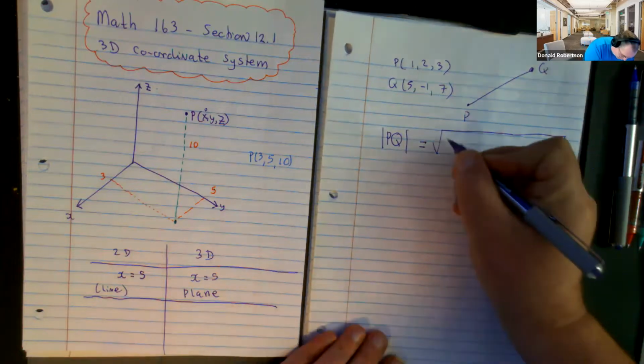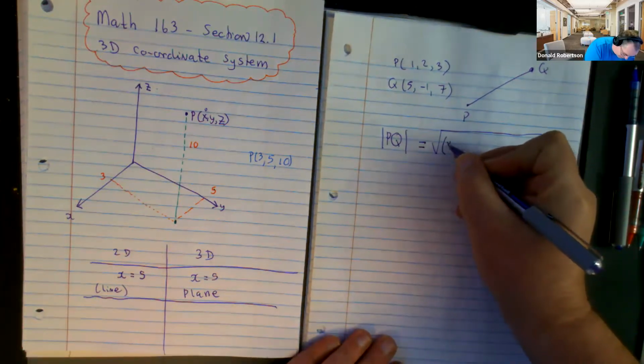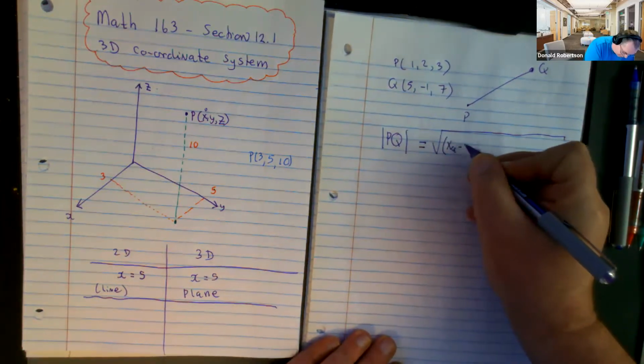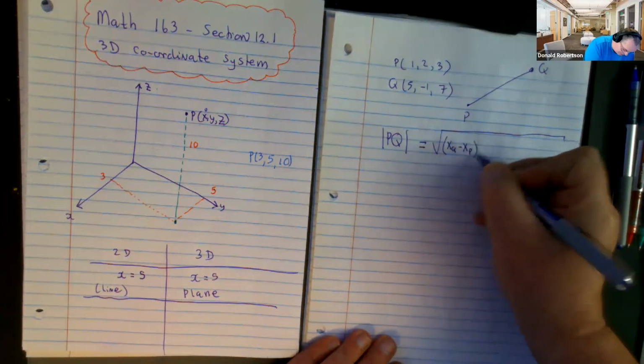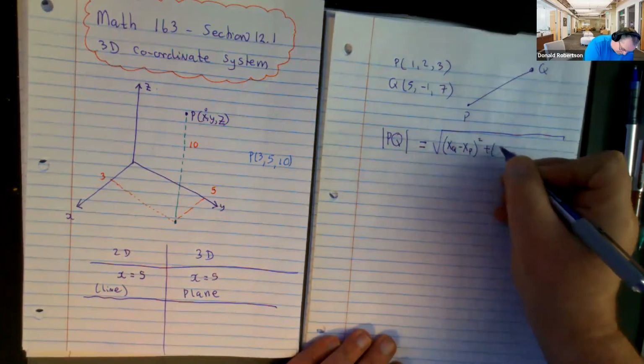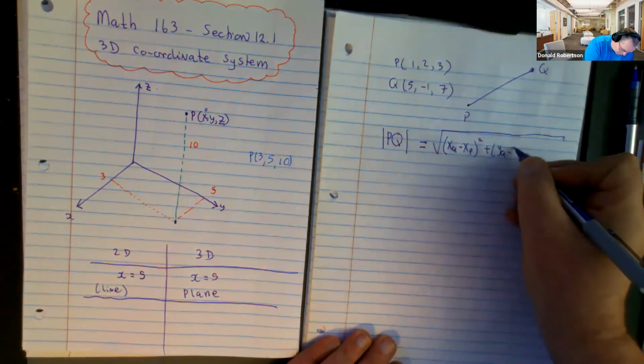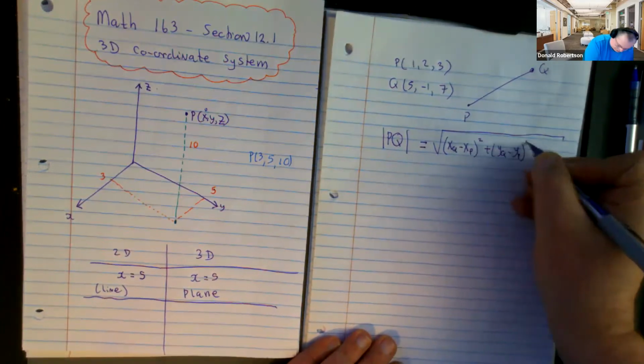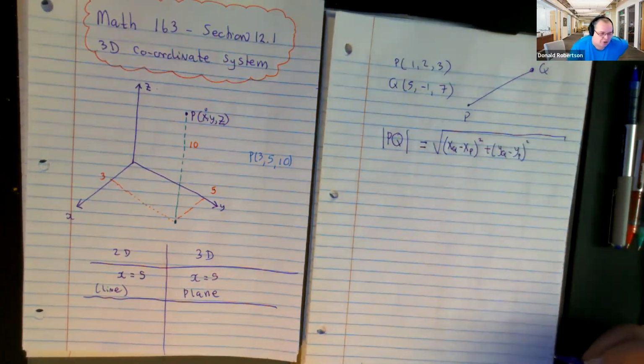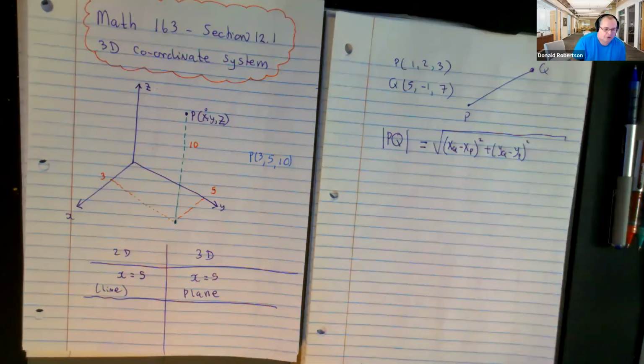Now, in the 2D world, it would look something like this. The x coordinate of Q, take away the x coordinate of P, squared, plus the y coordinate of Q, take away the y coordinate of P, squared. Sometimes it's called x2 take away x1 squared, plus y2 take away y1 squared. That's called the distance formula.